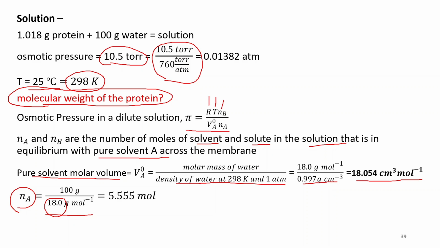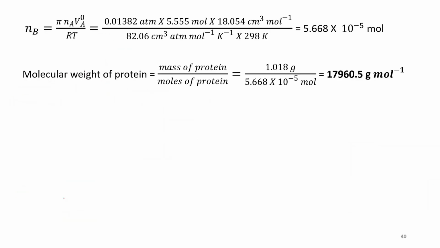The given mass is 100 gram of water, so 100 divided by its molar mass, 18, and we can calculate 5.555 as the moles of the water. And now we need to calculate Nb.